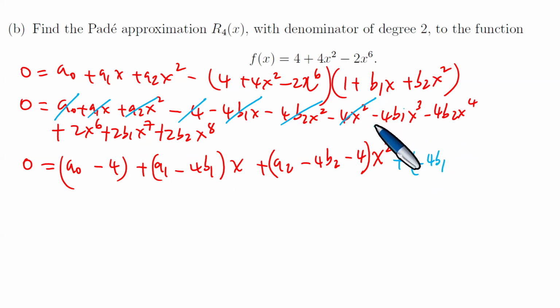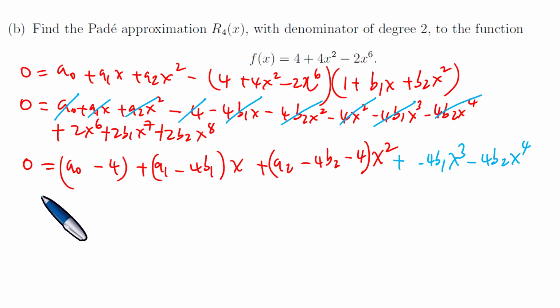It's only one cubic term, so you're going to put minus 4b1 x cubed. And then the x to the 4th power, minus 4b2 x to the 4th power.